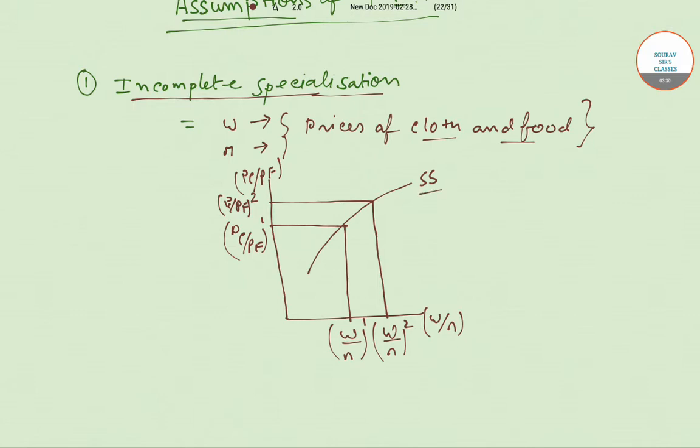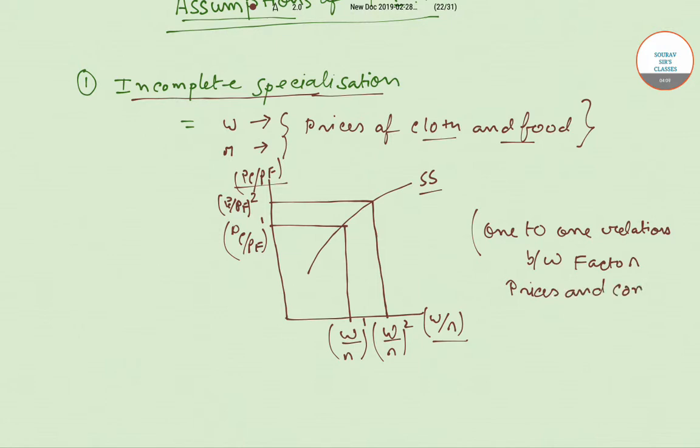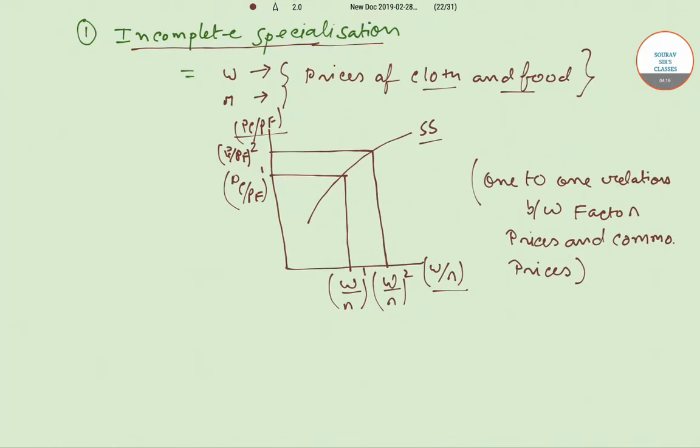So this is a one-to-one relationship between factor prices and commodity prices.